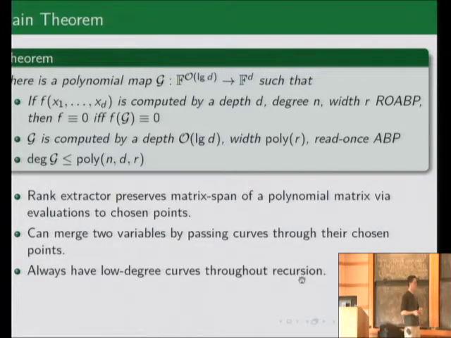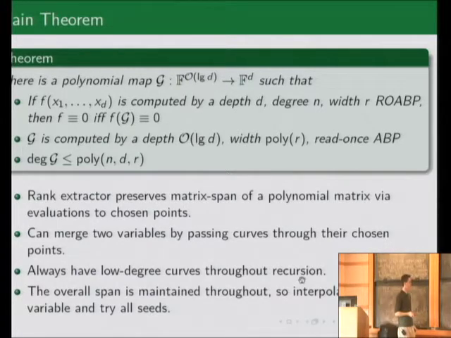And we always got this low degreeness because of the way we did composition. And because the overall span is maintained because of this independent span preservation lemma, we get that it's 0 if and only if the original thing was 0. And we interpolate all of the variables, get all seeds, and then we're finished.